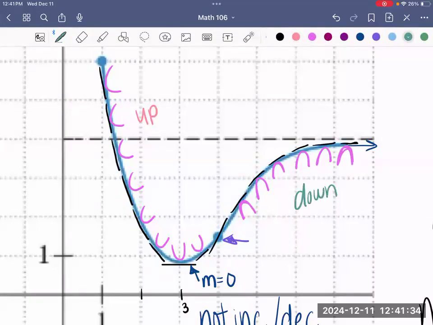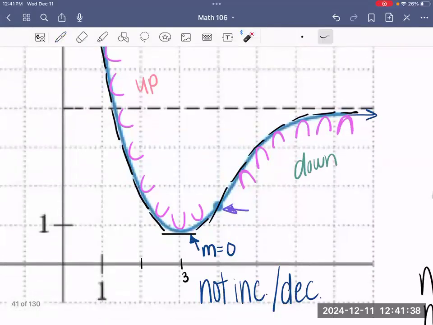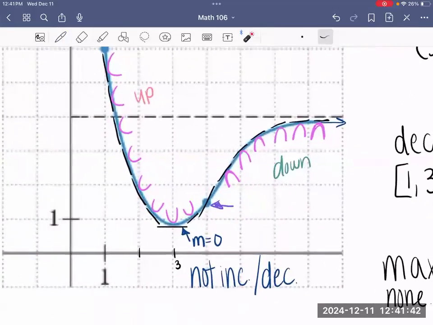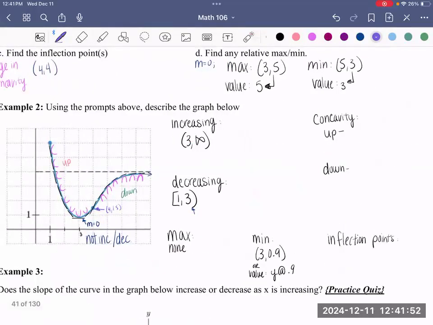Therefore, we have an inflection point at about, let's see, 4, and we don't have much context. Let's say these are going up by 1s. So this is about 4 and 1.5, rough estimate. So your inflection point here is 4 and 1.5.